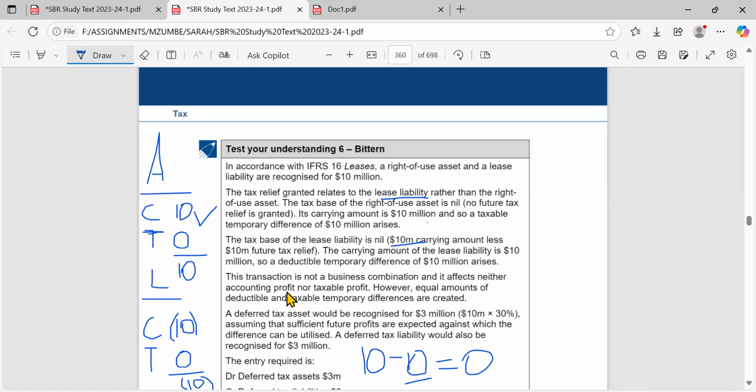However, equal amounts of deductible and taxable temporary differences are created. Equal amounts. You see, taxable is 10, deductible is 10, right? So a deferred tax asset would be recognized. So how much? You just take 30%, which is the tax rate, times this difference of 10, and you would have 3, right? Assuming that sufficient future profits are expected against which the differences can be utilized.